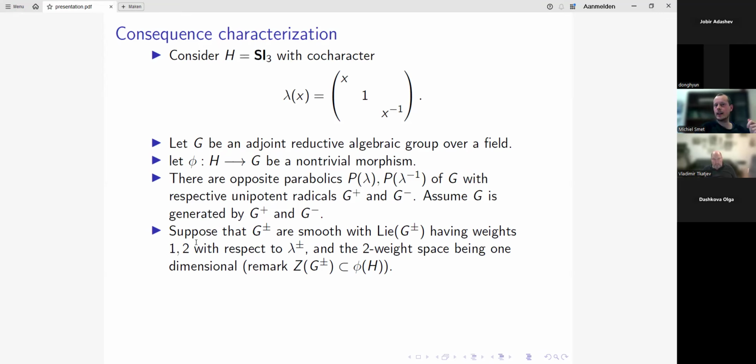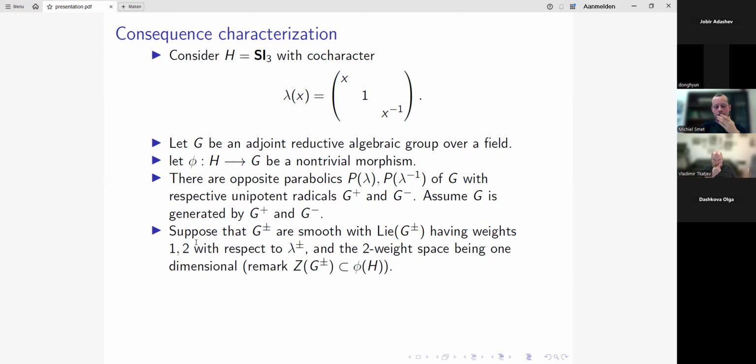You can decompose the vector space into spaces for which lambda of X acts as X to the power I. The subspace on which you act as X to the power I is said to have weight I. So we have weights 1 and 2, and we assume that the 2-weight space is one-dimensional.